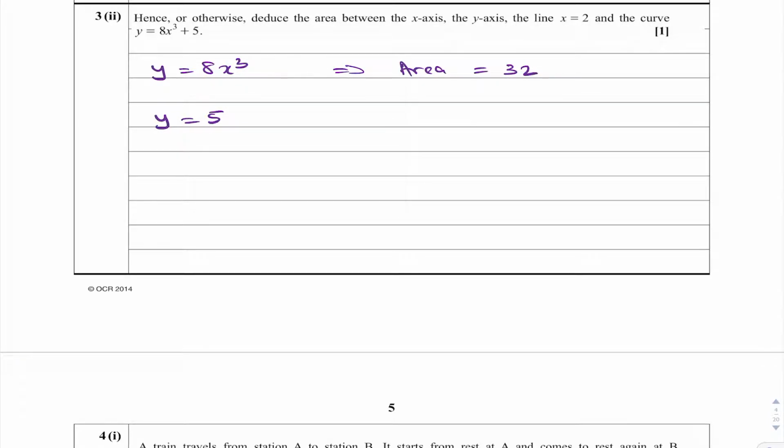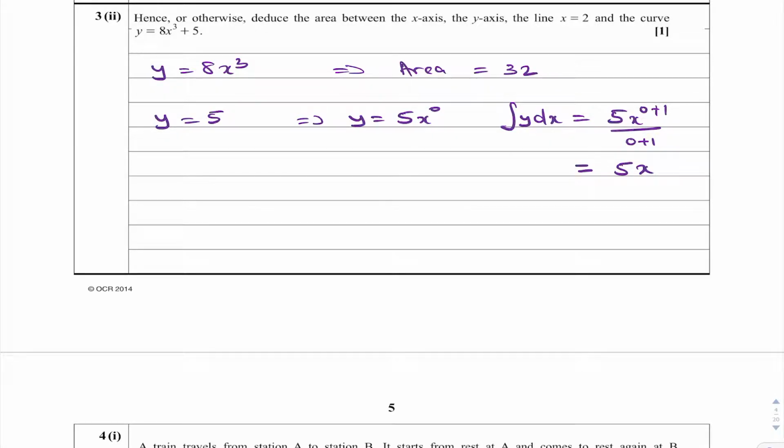Now if we integrate y equals 5, remember that will become y equals 5x to the power 0, and integral of y dx will become 5x to the power 0 plus 1 over 0 plus 1, and that should give us 5x.